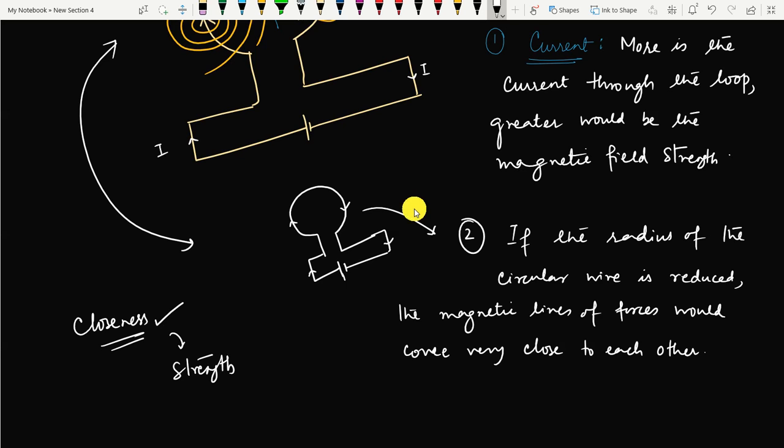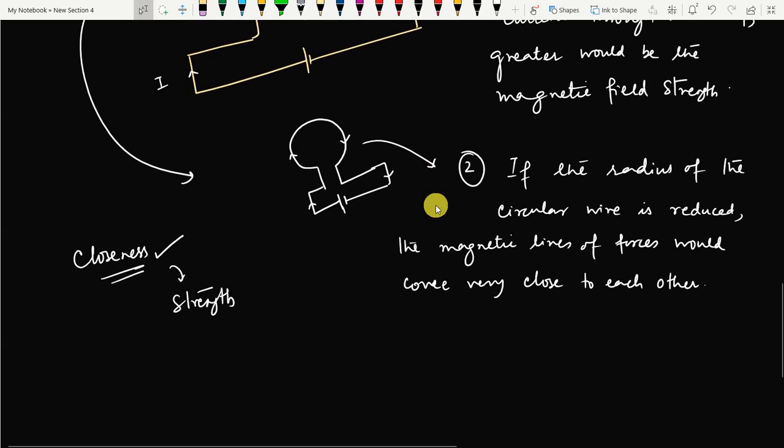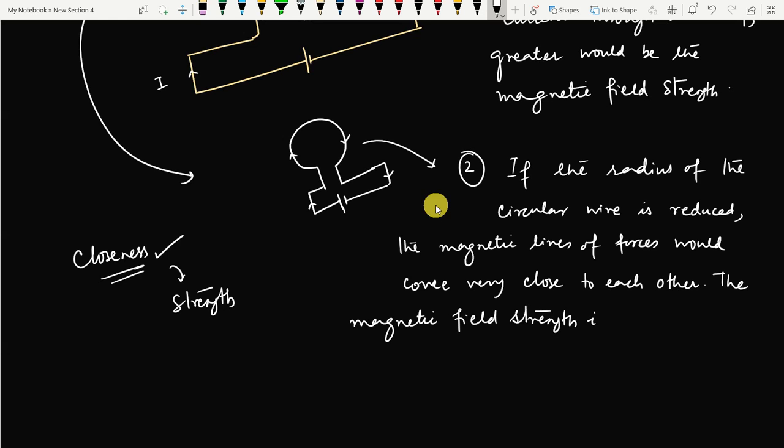So if I reduce the radius of the loop, the magnetic lines would come very close to each other, and if they come very close to each other, the magnetic field strength increases.